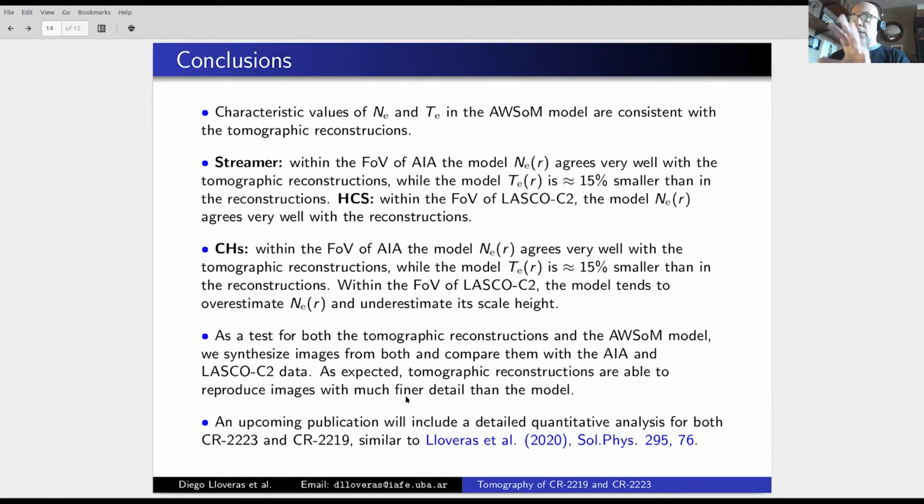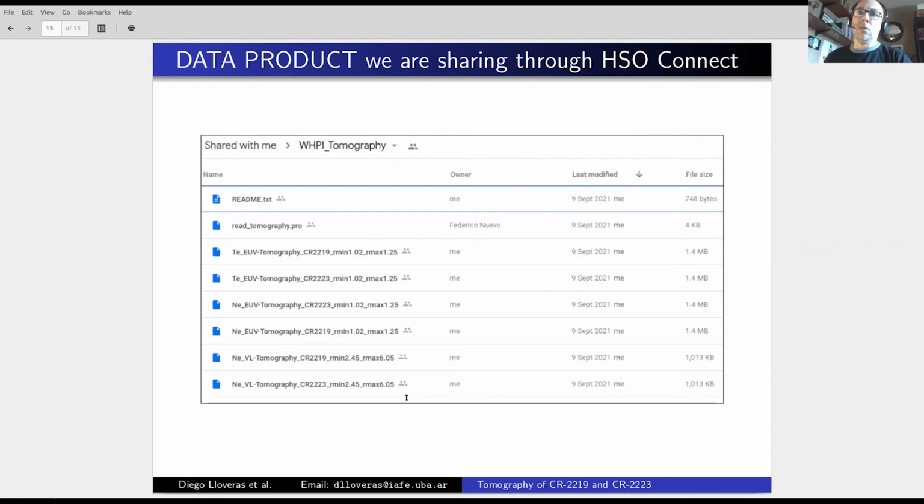So this is just a final slide with a few conclusions. This is uploaded so you can read it. What I want to stress now is what we are sharing with you through HSO Connect. It's a very simple Google Drive where we have put the electron density and electron temperature reconstruction based on AIA data below 1.25 solar radii, and the electron density based on LASCO images reconstructed between 2.5 and 6 solar radii.